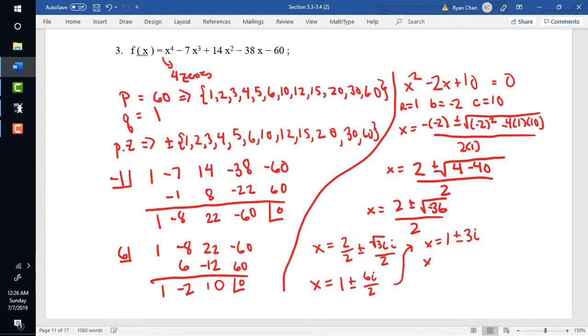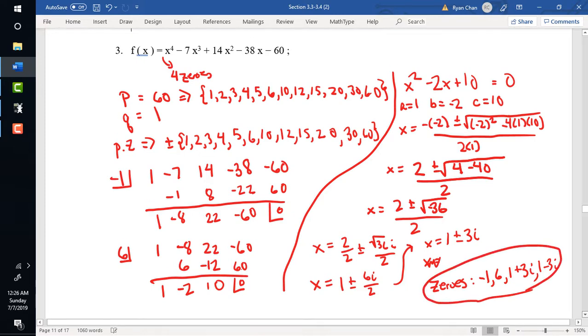Okay, so I have x is equal to 1 plus or minus 3i. So what are my zeros? My zeros are the following. They are going to be negative 1, 6, 1 plus 3i, and 1 minus 3i. So those are my zeros.